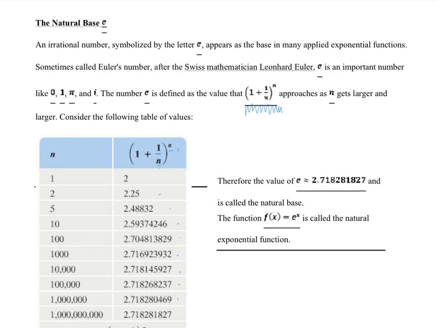So therefore, we can see e, and we'll notice that e will be used for a natural base. So if you recall, we looked at what happens when we had y equal e to the x, the natural exponential function. Most people just use an approximation, 2.71.